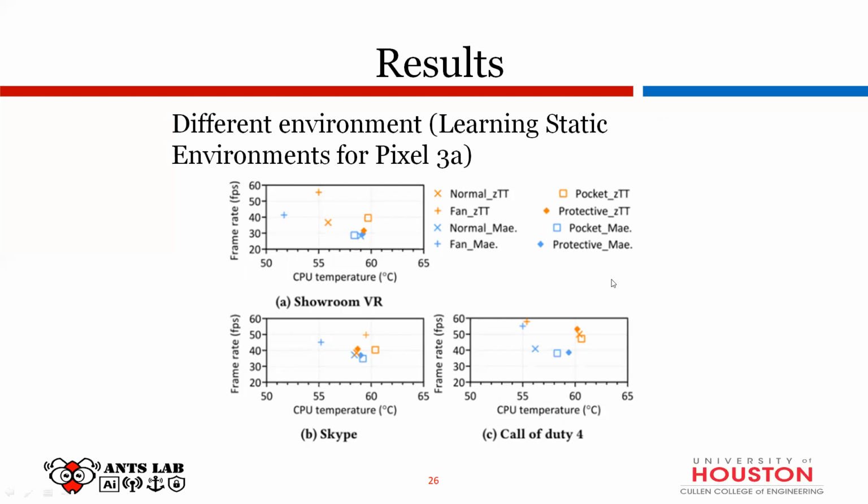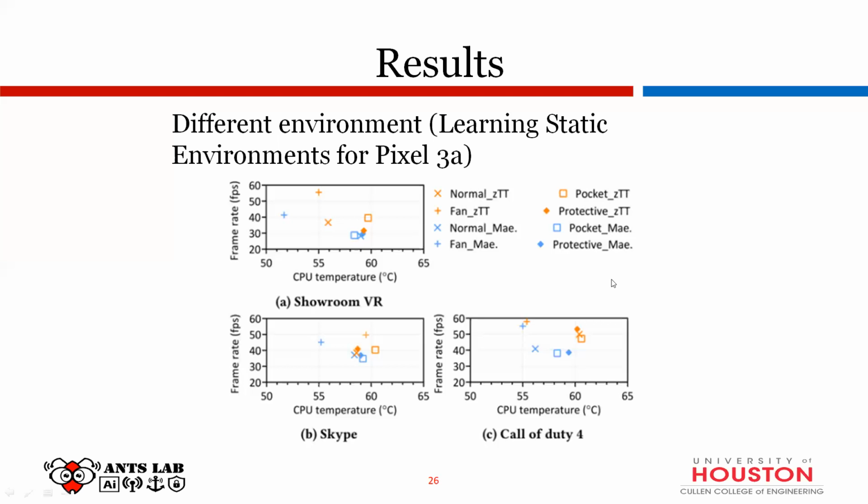And in some cases they don't really have a clear difference, but in a protective case, or in a pocket, when they're placed in pockets, zTT has better performance than Maestro. So this is based on the static environments from the implementation.